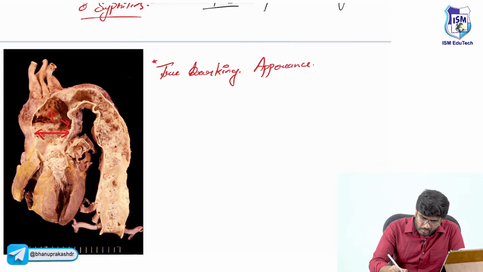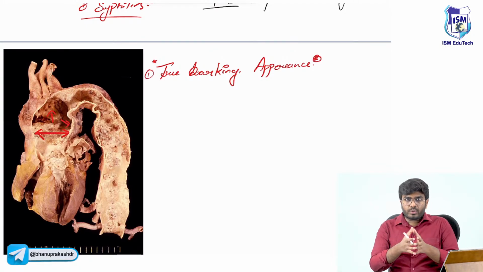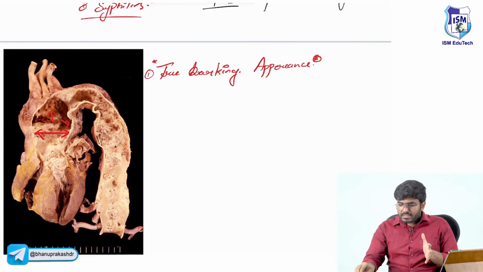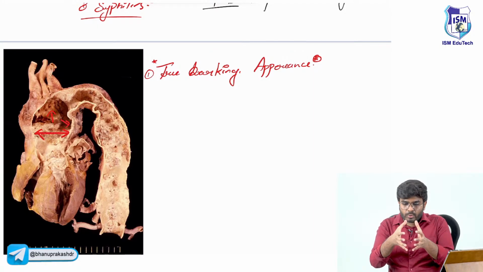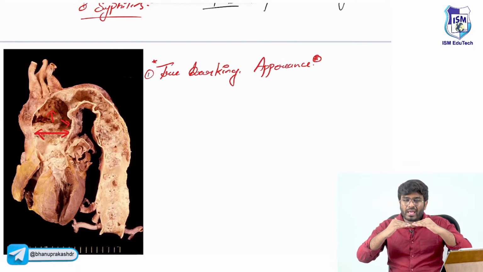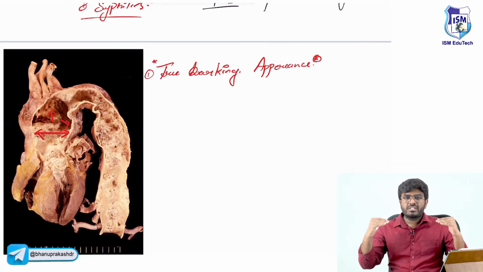Now, one more important point I want you to know is, because of this aortic root dilation, think logically and tell me, the aortic root is getting dilated. When the aortic root is getting dilated, what happens to the aortic valves? Near the aortic root only, the aortic valve leaflets will be there. Now these leaflets are also going to move away from each other. So what will happen? There will be aortic regurgitation.